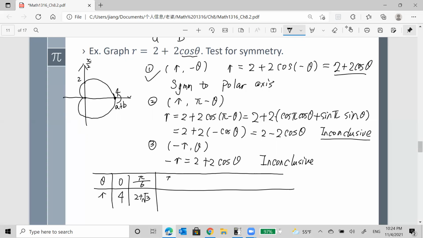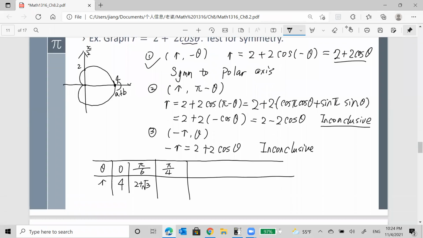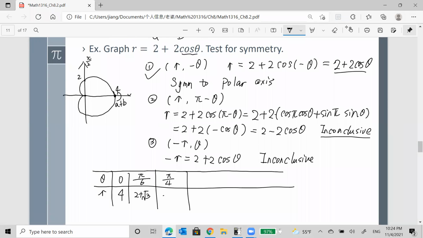And then next one, pi over 4 here. That's 2 plus square root of 2. Pi over 3: that's 2 plus 1, because 2 times cosine pi over 3 is 2 times 1/2.